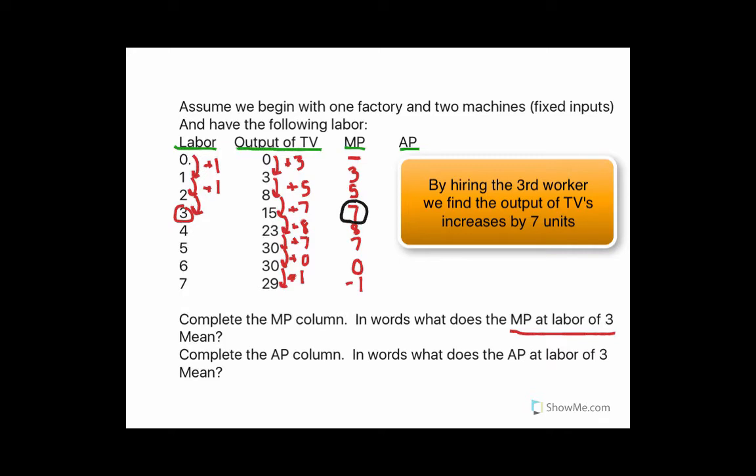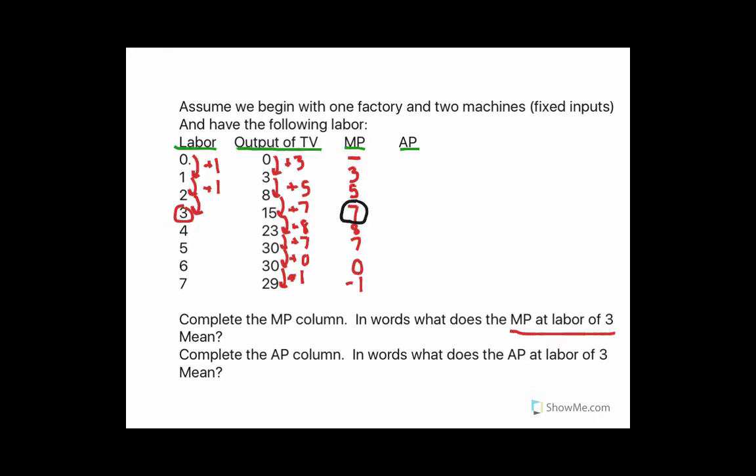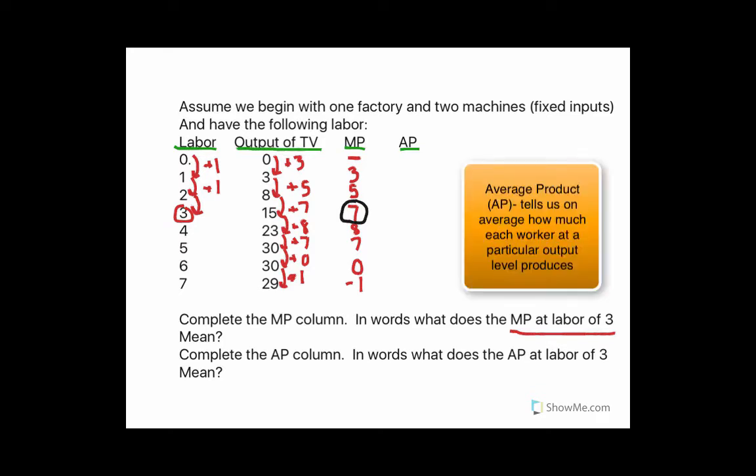And then we want to calculate the average product column. How we do that is average product is output divided by labor. So it's just how much output per unit of labor. Again, it's an undefined quantity when labor is 0, so that doesn't make sense.